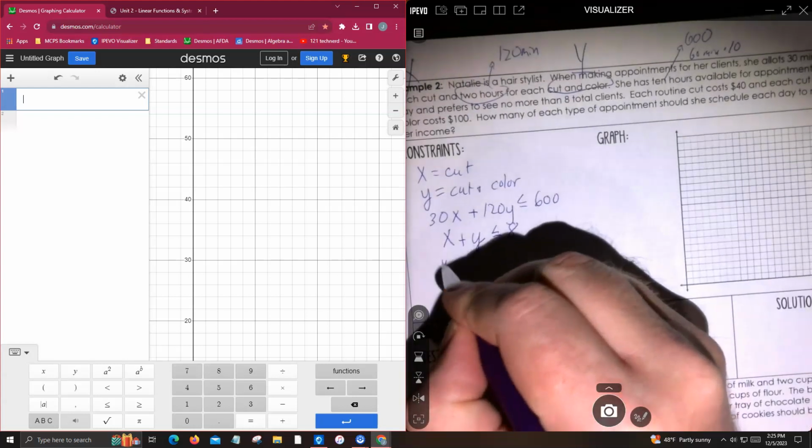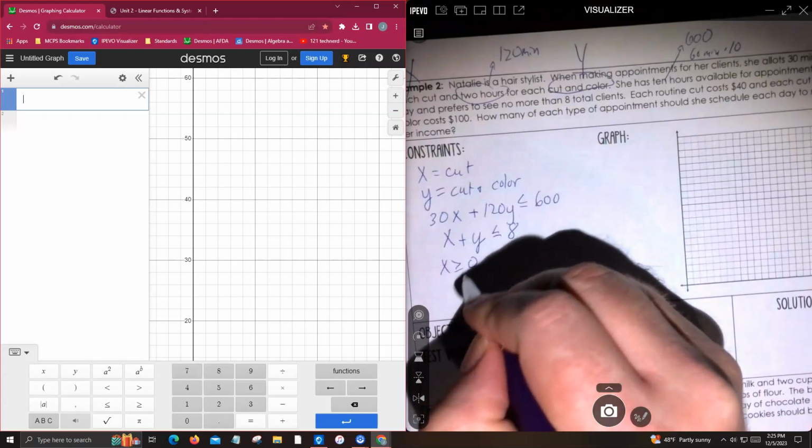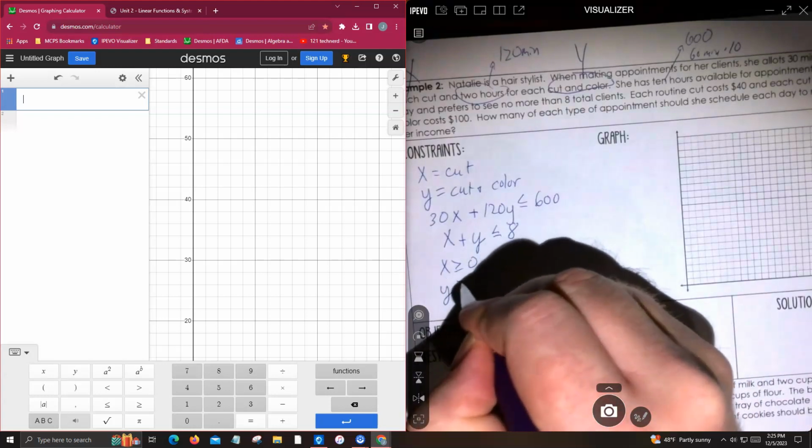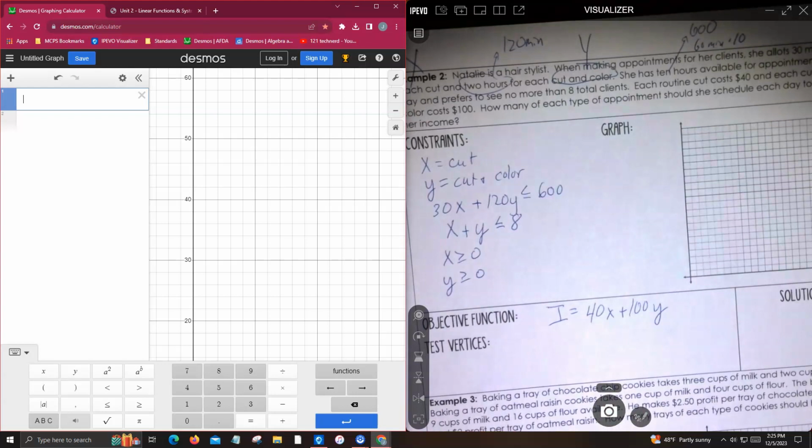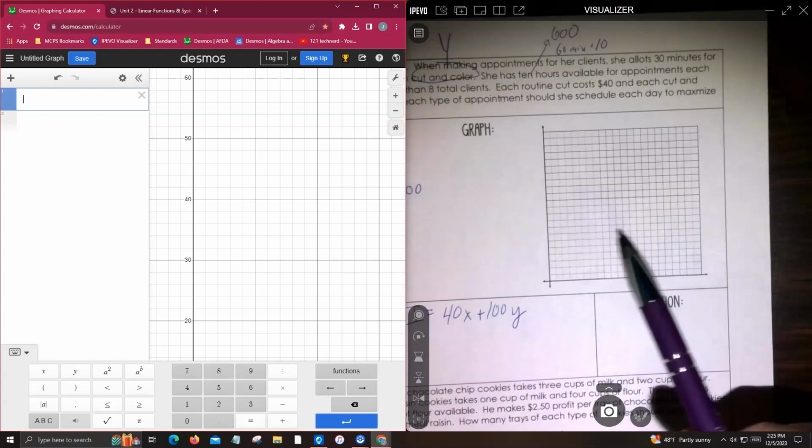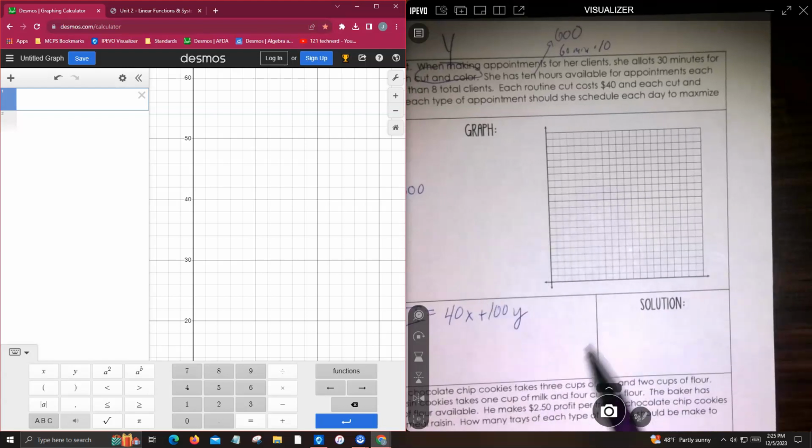So x has to be greater than or equal to 0, and y has to be greater than or equal to 0. You need those constraints again, and they remind you that you're in the first quadrant. That's why these are all drawn in one quadrant instead of all four on regular graph paper, because everything is an amount, and we're never in the negatives.